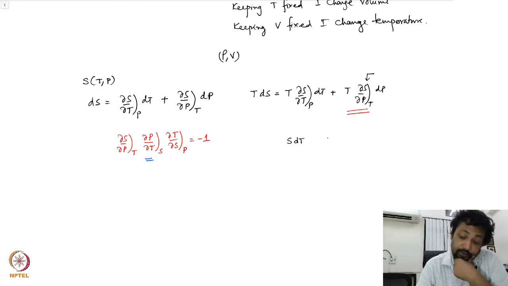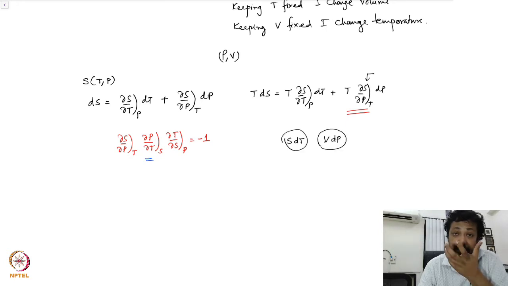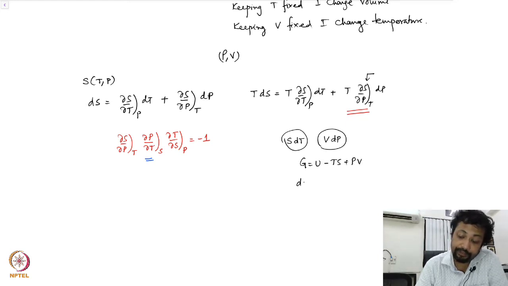So therefore I have V dP. So I have to figure out a free energy whose differential has this combination. If you look at G equal to U minus TS plus PV, then dG is dU minus T dS minus S dT plus P dV plus V dP. N is held fixed, so we will not worry about N.